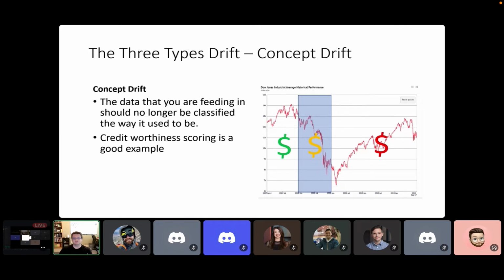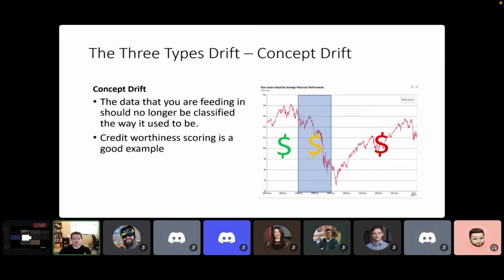The model didn't change, okay? The model itself would still predict in 2010 that the same people it predicted in 2007 should get a loan. But because the world around you changed and the people around you changed and the relationship between the good bets on the people who would pay back money changed, then you've experienced something called concept drift, right?